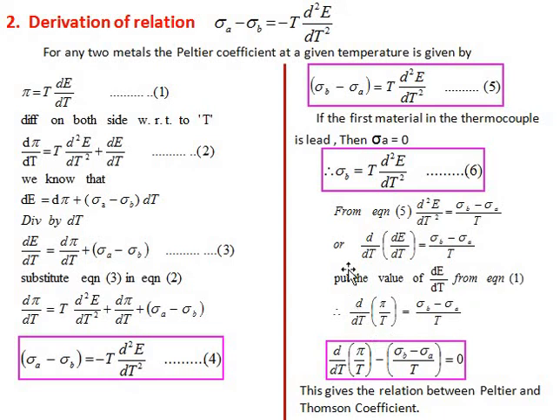That is d by dt into bracket pi by T is equal to (sigma B minus sigma A) divided by T. Okay. So this is d by dt (pi by T) minus (sigma B minus sigma A) divided by T is equal to 0. As this term consists of both Thomson coefficient and Peltier coefficient, this gives the relation between Peltier and Thomson coefficient.